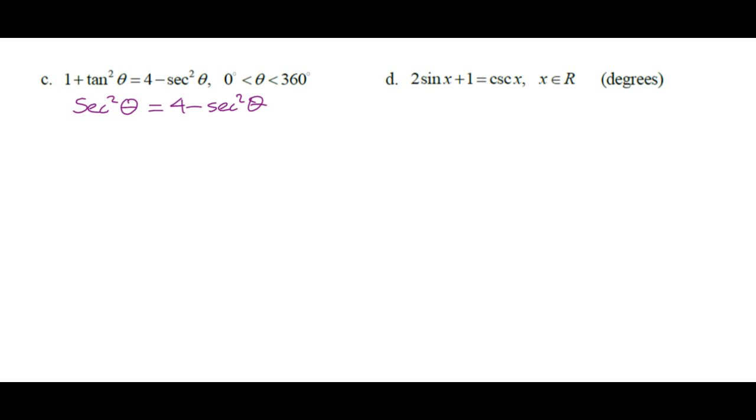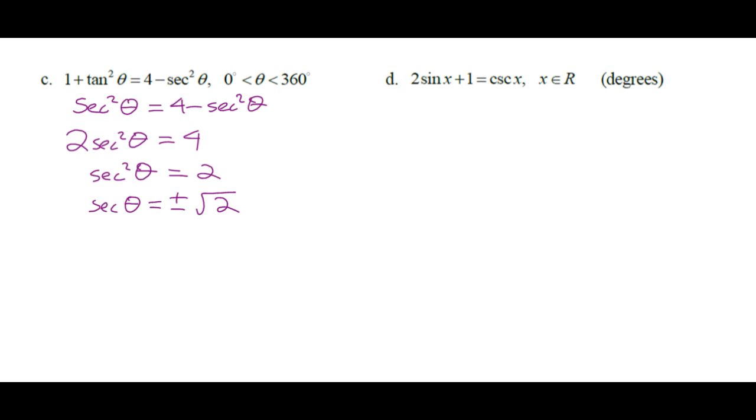So what's this become? 2 secant squared theta is equal to 4. So secant squared theta is equal to 2. So what's secant theta? Plus or minus root 2.